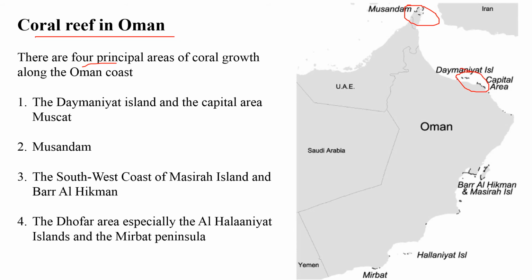And you can find Masirah Island and Hickman. This region is also rich in coral, and in the southern part you can find Mirbat and the Hallaniyat Islands. So these four regions of coral are very popular on the Oman coast.